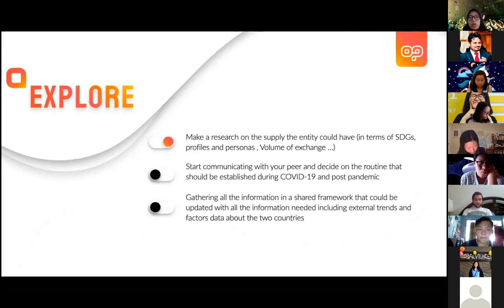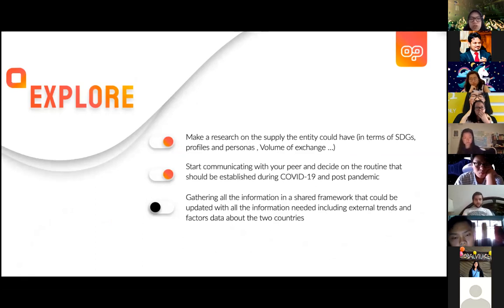It could be the SDGs and the profile persona, volumes of exchanges, and then start to communicate with your peer and decide on the routine that should be established during the coronavirus and also even the post-pandemic. So this is more like planning, say that later you already know these entities are going to be working with me based on what you just discovered now.